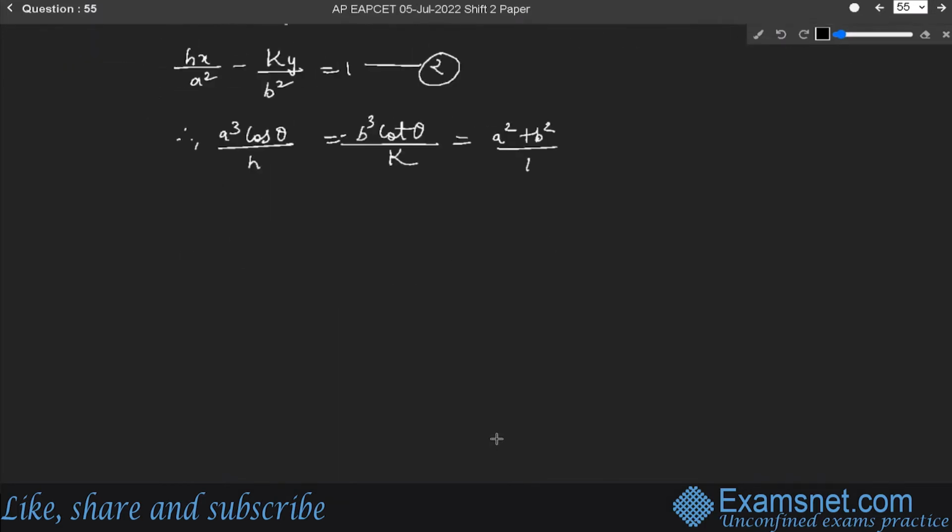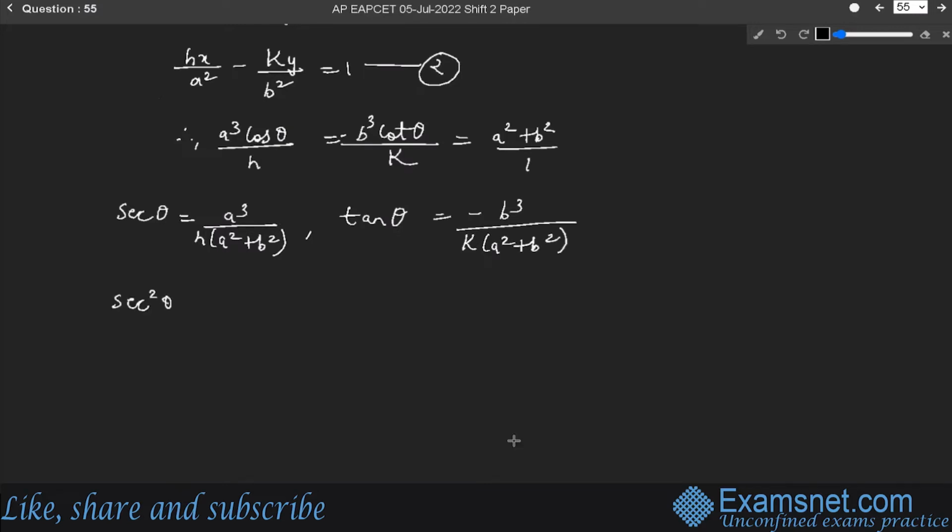So from here, we can say that sec theta will be equal to a cube upon h into a square plus b square, and tan theta will be equal to minus of b cube divided by k into a square plus b square.